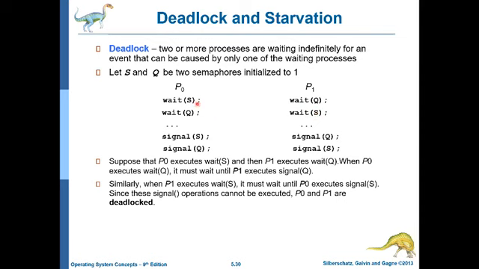So just change the order of S and Q here, and S and Q here. First you get Q, then you get S, then you signal Q and you signal S. Okay. So you can change this process or you can change this process, and there will be no deadlock. You understand? Okay. So we can change just the order of the wait and signal.